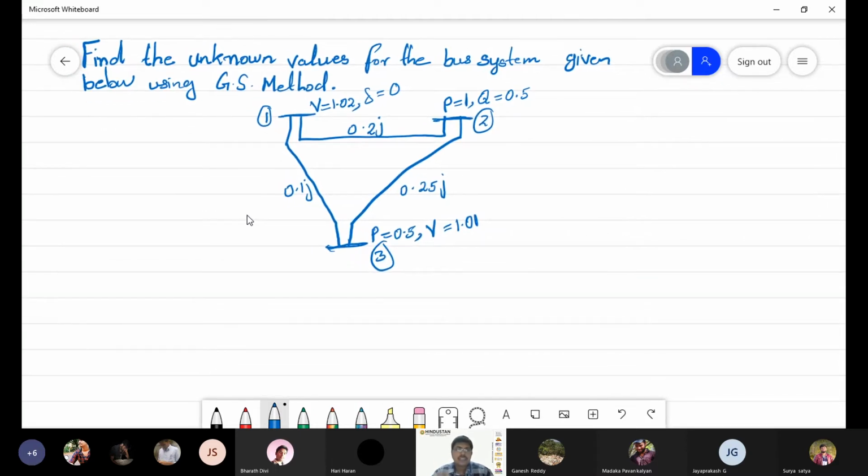So this is the problem given: find the unknown values for the bus system given below using the Gauss-Seidel method.